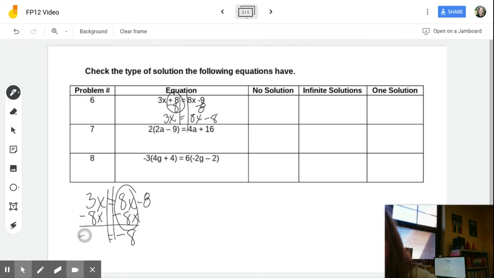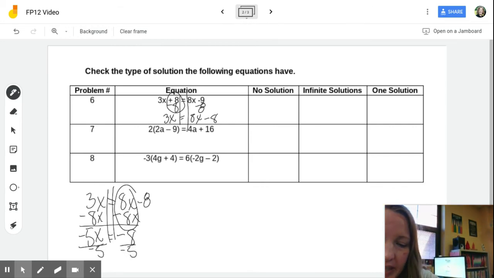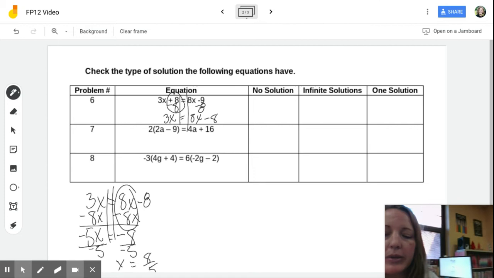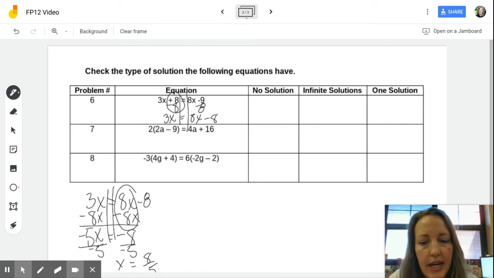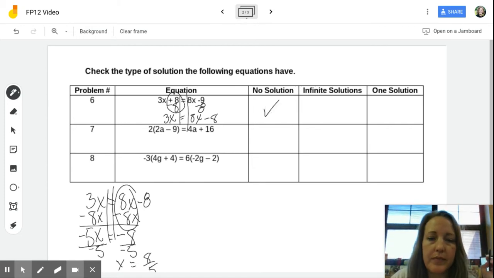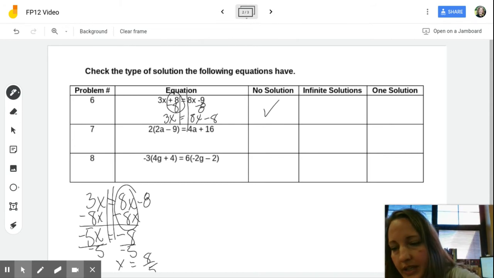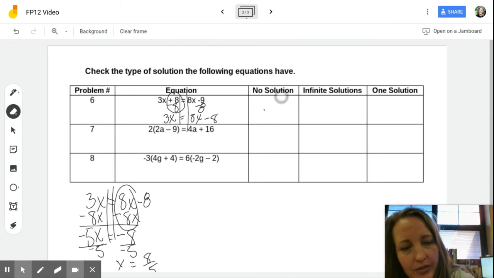That's a negative 5. Okay, I'm going to then divide both sides by negative 5, and I'm going to end up with x is equal to 8/5. Okay, tough equation, but the moral of the story here is that it had one solution. Oh, I think I just said 1 and then I put it in the wrong place.